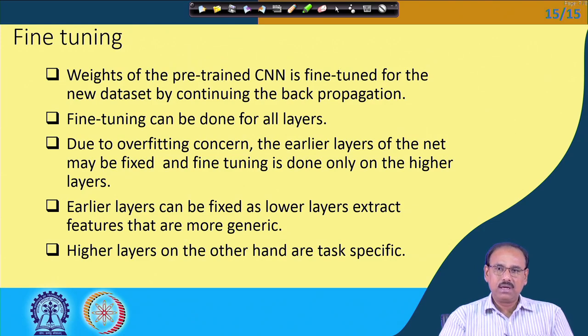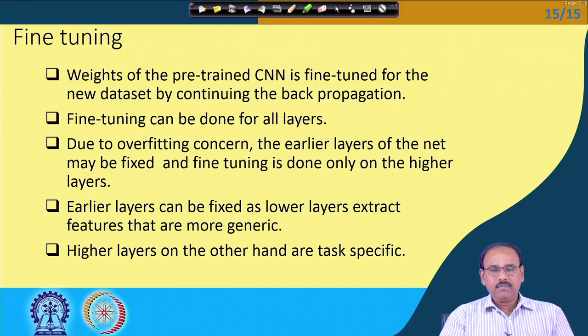To this new model, I feed my input data and check what the output error is for this new input data, and you try to reduce this output error by again the gradient descent approach or backpropagation learning approach, and while doing so you fine tune the parameters which you have transferred from some other domain.